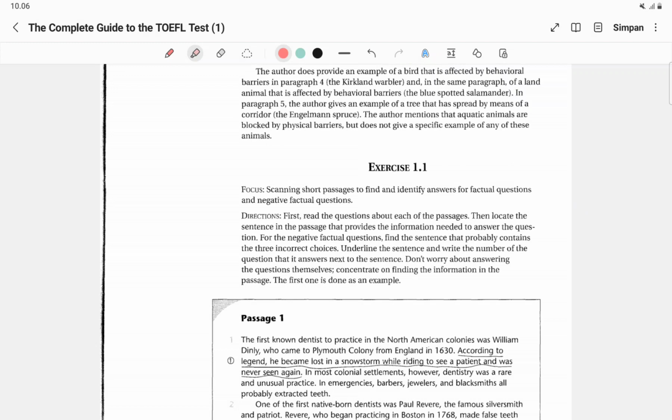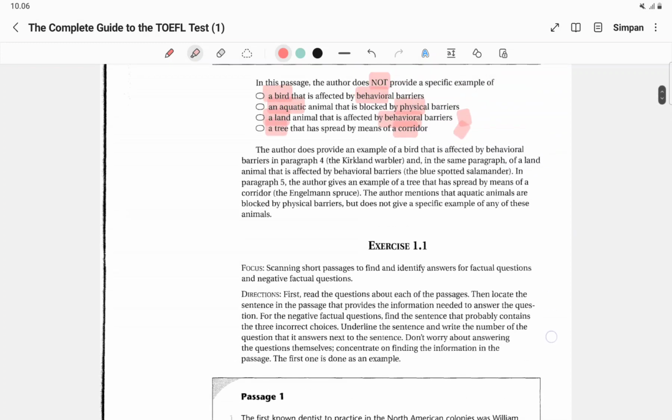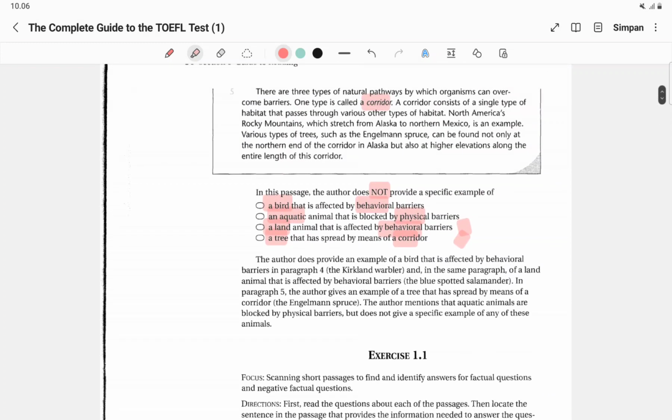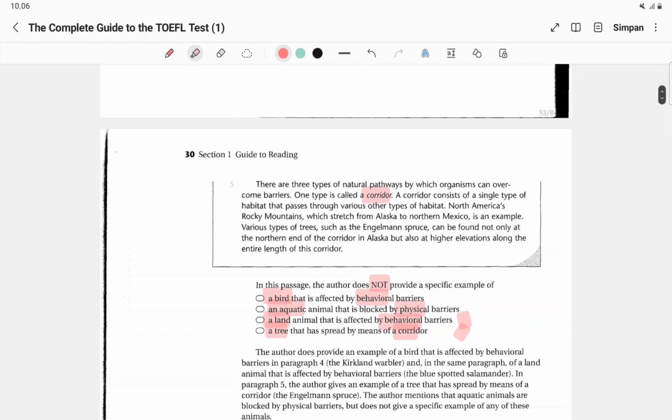In paragraph 5, the author gives an example of a tree that spread by means of corridor. The author mentions that aquatic animals are blocked by physical barriers but does not give a specific example of any of these animals.